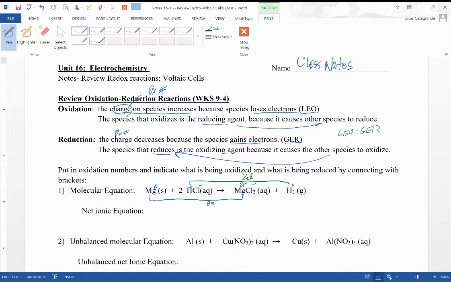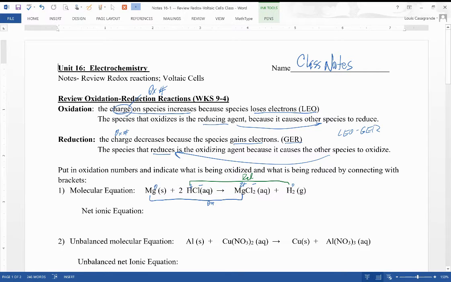One of the things we're going to do to hopefully simplify things a little bit is to split strong acids like HCl and salts like magnesium chloride into their ions, because we have an acid that splits up 100%, and magnesium chloride that splits up 100%.